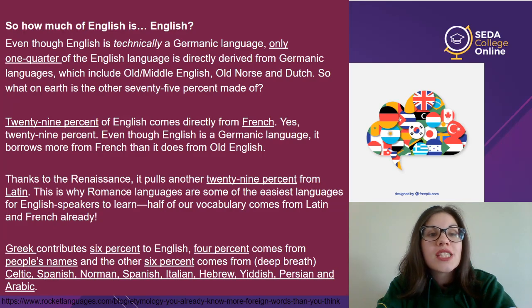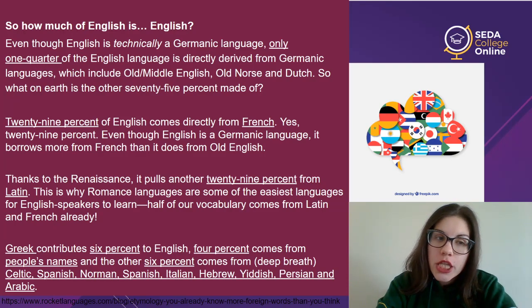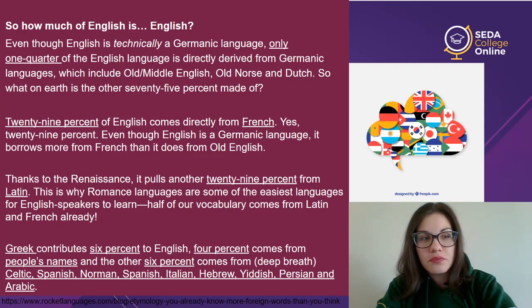Even though English is technically a Germanic language, only 1/4 of the English language is directly derived from Germanic languages, which include Old Middle English, Old Norse, and Dutch. So what on earth is the other 75% made of? Let's see.